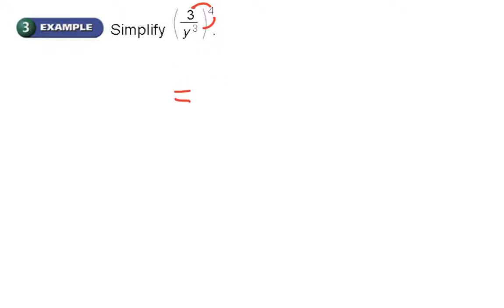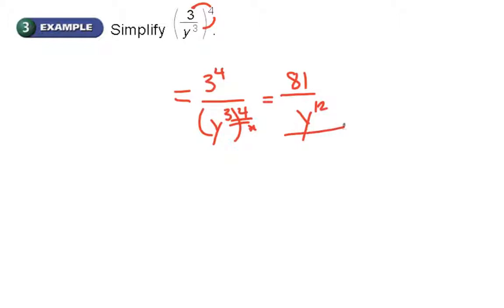So rewriting that is 3 to the 4th power all over y cubed to the 4th power. 3 to the 4th power is 81. Y cubed to the 4th, we have a power to a power, so this tells us to multiply. So this is y to the 12th. And there you have it.